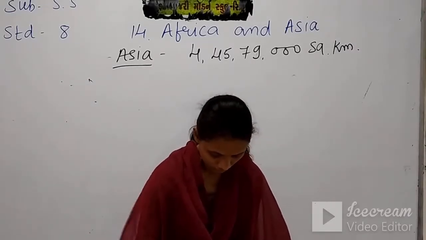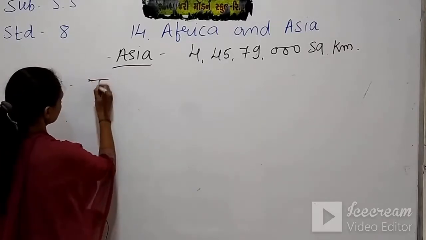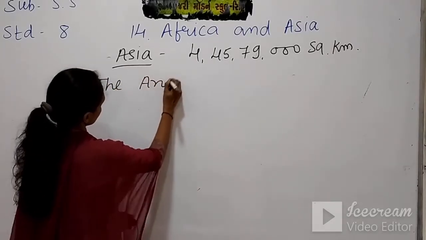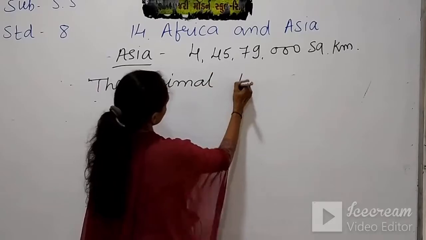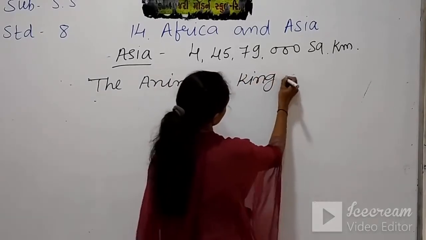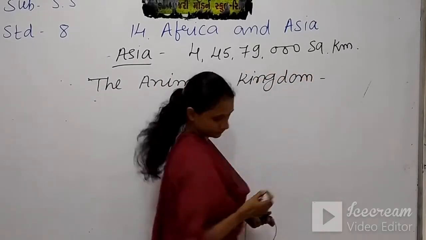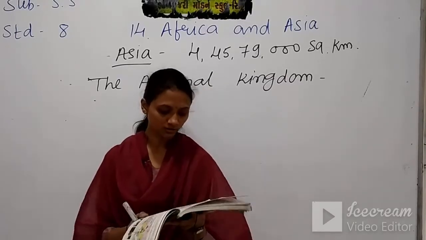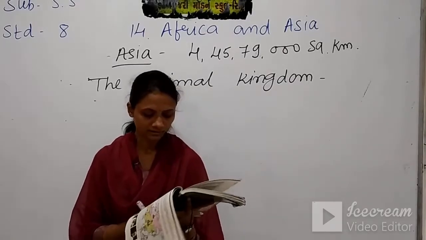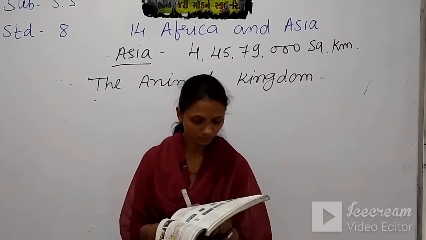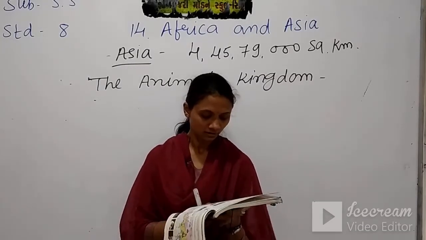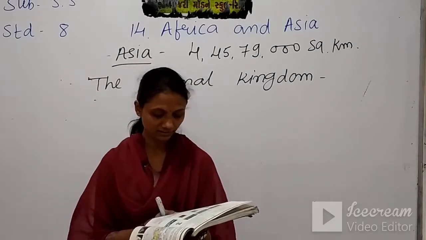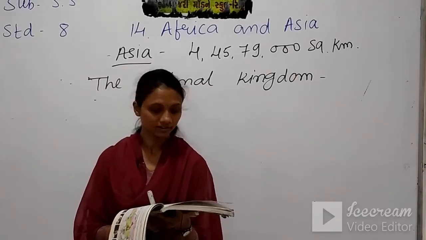Now we have the animal kingdom. Okay, animals of the cold region, that is polar bear, wolf. Domestic animals, polar bears, muskrat, raccoon, bear, reindeer, caribou, dog, yak.